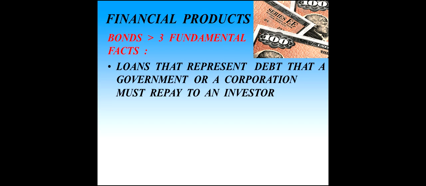Many people like to say that when a government or a corporation issues a bond for sale, they are actually turning themselves into a bank or an investment organization, in the sense that the person purchasing the bond is loaning money and they're going to get a return.